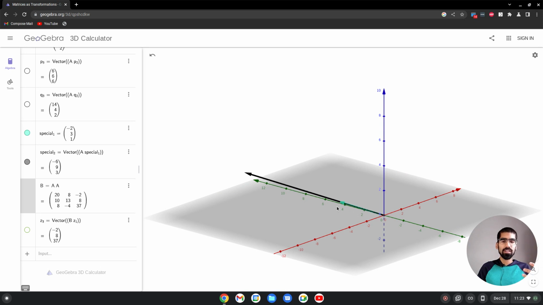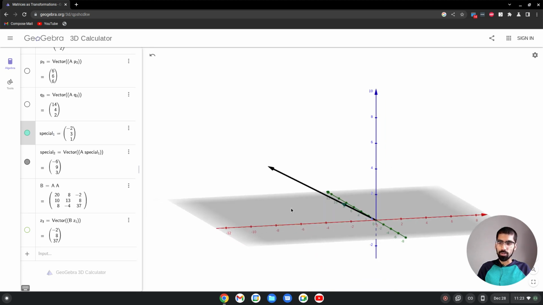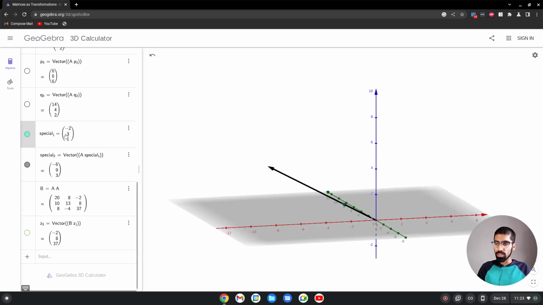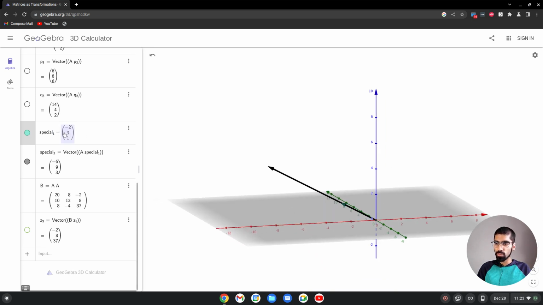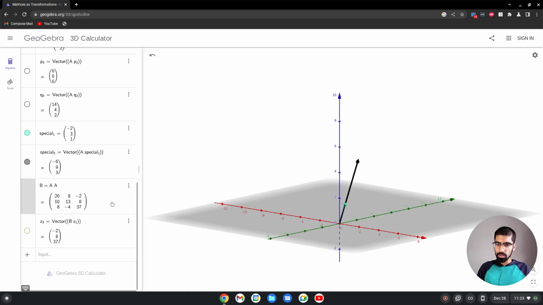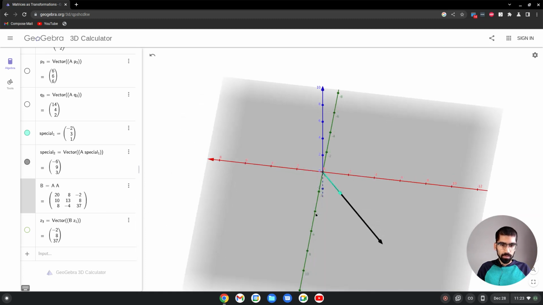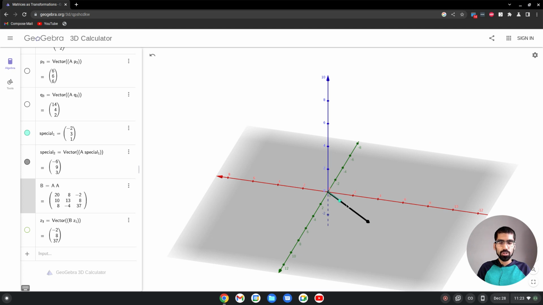So it is like this initial vector, except it's just a multiple of it. And if we look at the numbers here, we went from negative 231 to negative 693. You can see that this is a third of this. So this new black vector is 3 times this original vector.